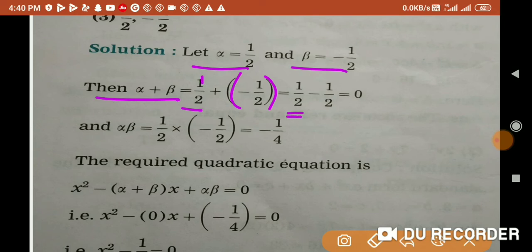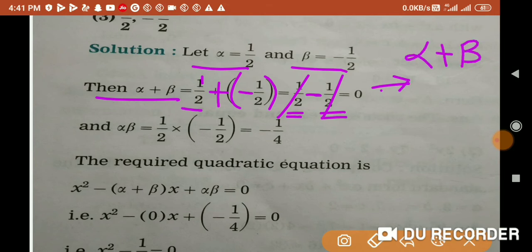Write down 1/2 as it is, but when we solve the bracket, plus minus becomes minus, and write down 1/2 again. Now plus 1/2 and minus 1/2 cancel, and we get the value of α + β is equal to 0.